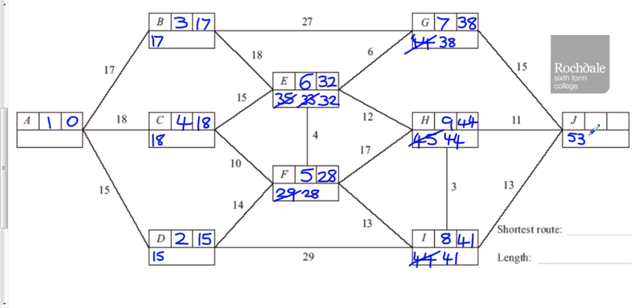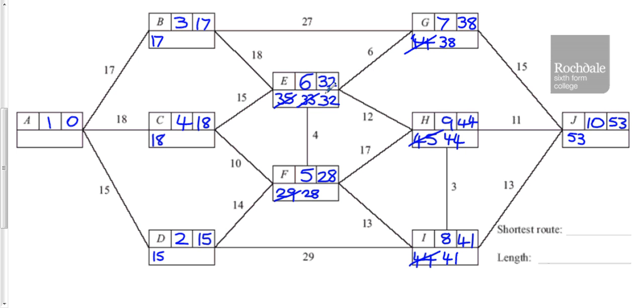Again, that's longer than the current working value, so we're not interested, which means now there's only one working value at a vertex which is unlabeled. So 53 is the smallest because it's the only one. So J gets a final value of 53, and J is the 10th to be labeled.